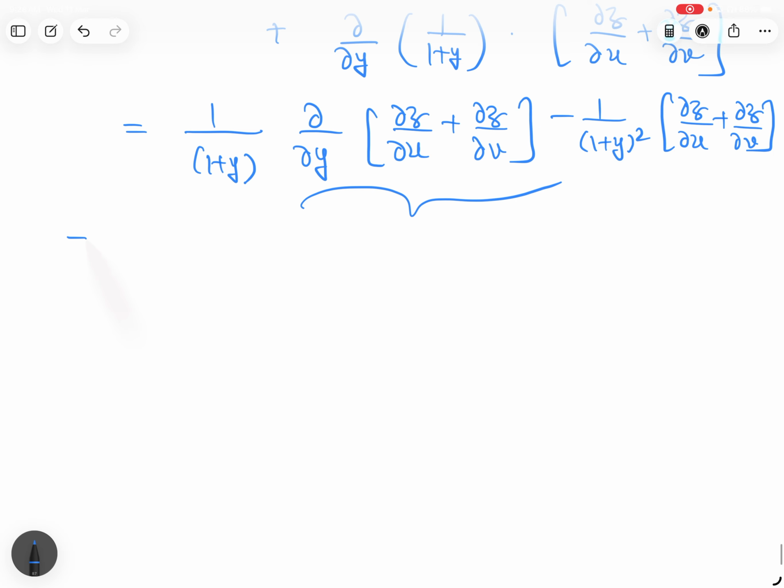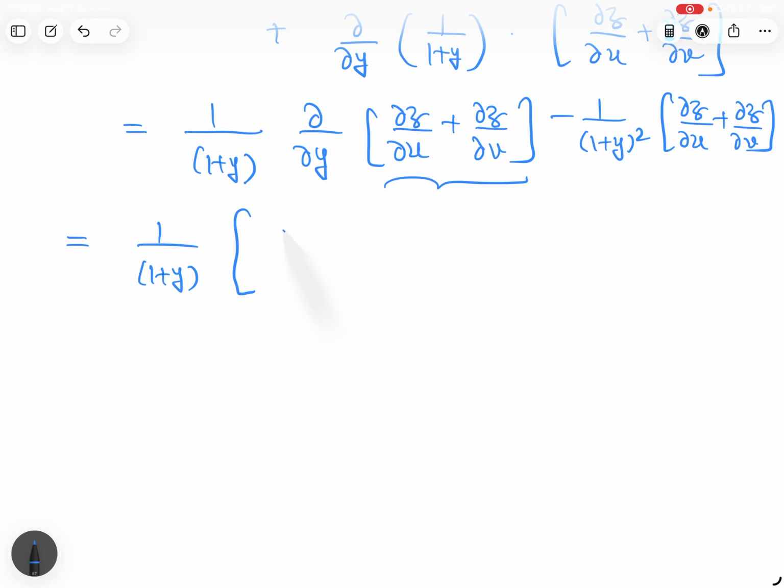So how to calculate this part? You consider this as a single thing, and we are going to take the partial derivative with respect to y. What will this be? We have to take the partial derivative of this with respect to u into del u upon del y, plus the partial derivative of this with respect to v into del v upon del y. So do it.